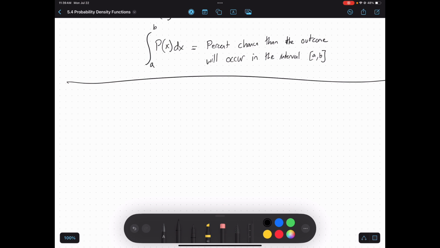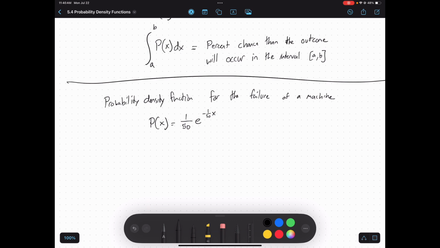For this example, I'm using an example from your homework. I'm going to change the numbers slightly, of course. Let's say we have a probability density function for the failure of a machine, and it gives me this probability density function of 1/50 e^(-x/50).